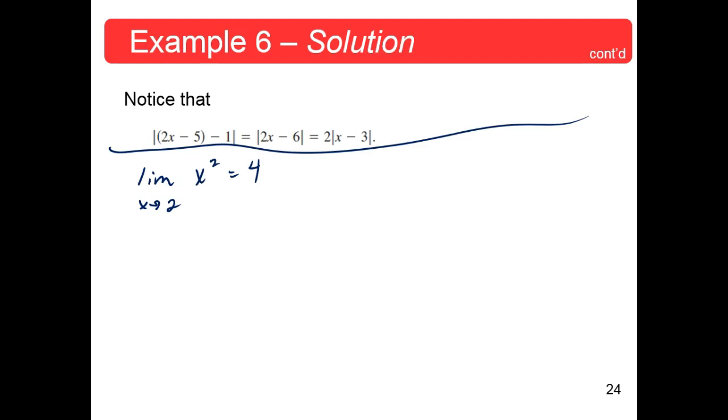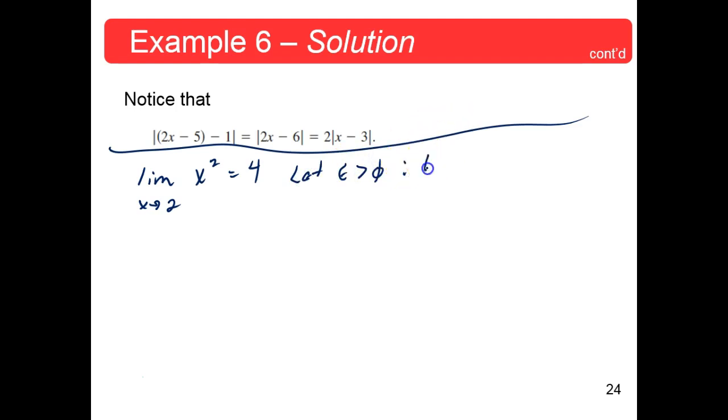Now, using my first technique, plug it in. Obvious, that's the answer, right? Now, here we go to try to prove that. Start this way, always. Let epsilon be greater than 0.